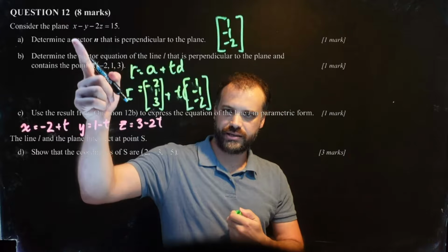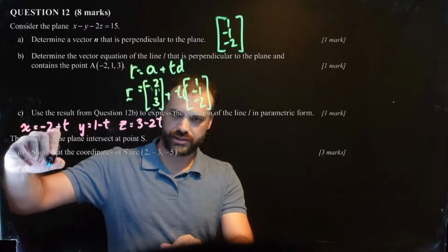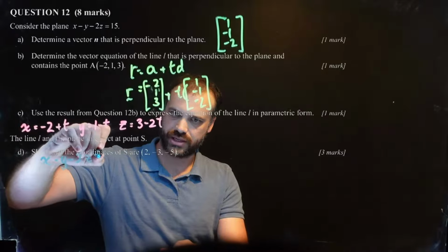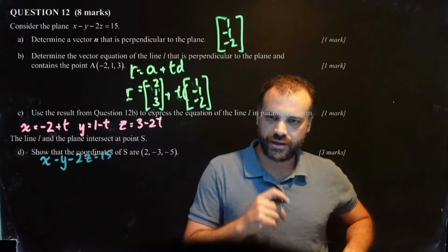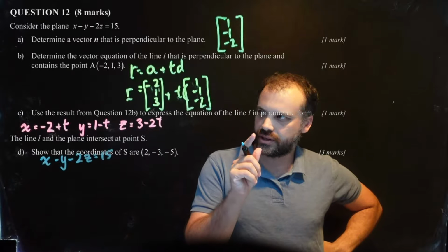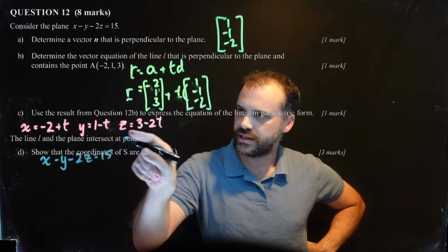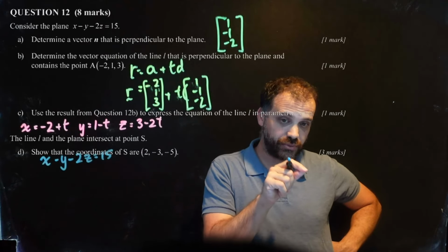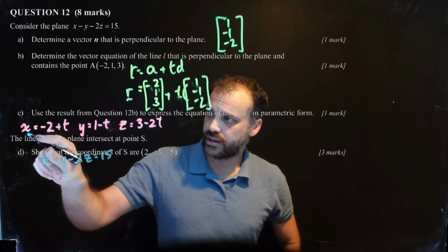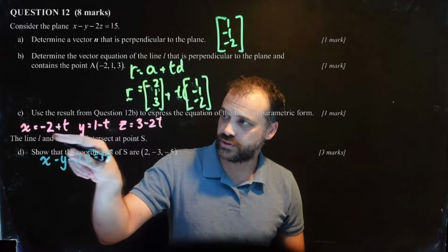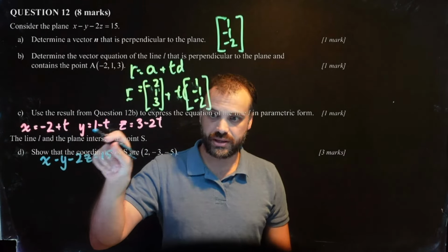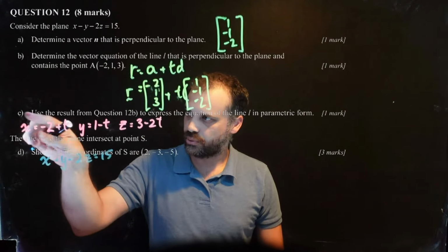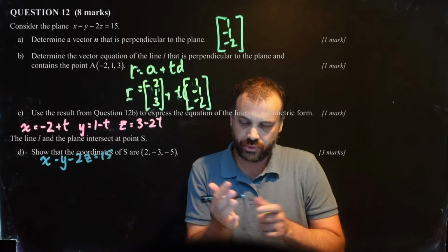I have a plane, which is this one here. So I'll just write that up. x minus y minus 2z equals 15. Now, if this line intersects with it, I should be able to find the time at which they intersect by replacing x with this, because this tells me at what time the point is at our x coordinate.